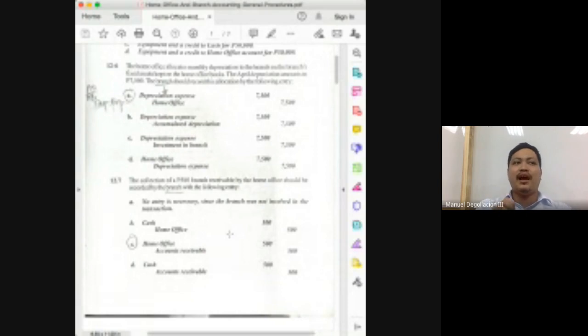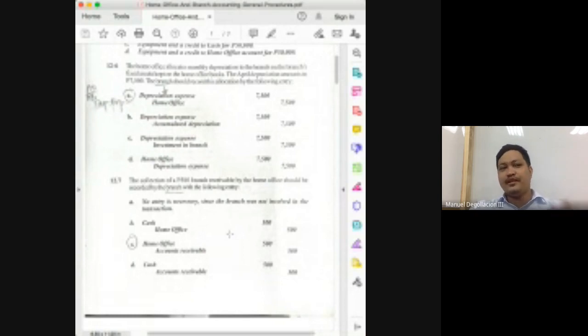Who will maintain the accumulated depreciation account? It will be the home office. Okay, but who benefits from the use of the asset, class? It would be the branch. So it is only right that the expense should be attributable to the branch. Okay? But who actually shoulders this expense? It is the home office. Why?